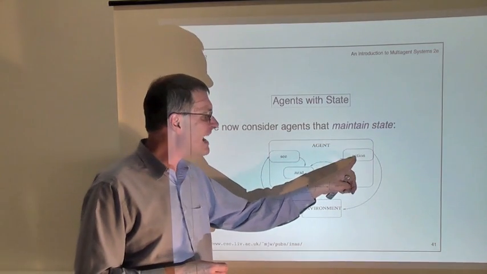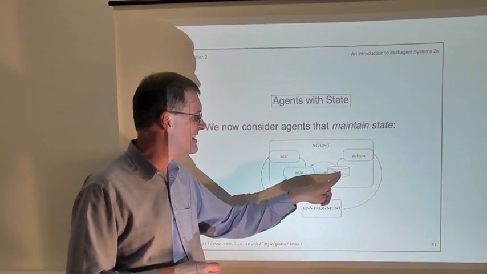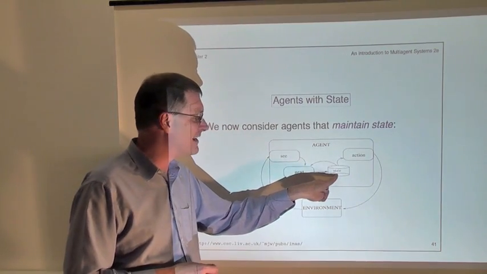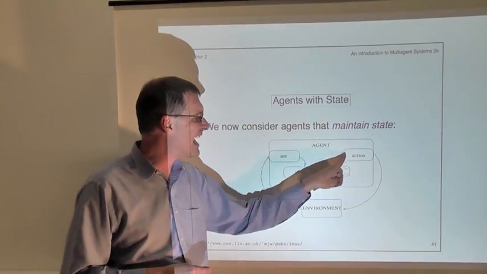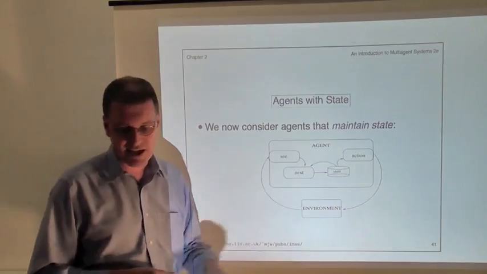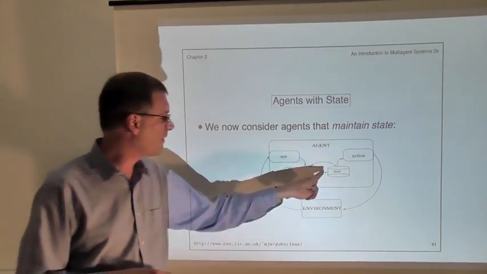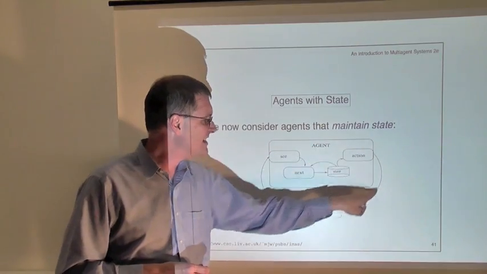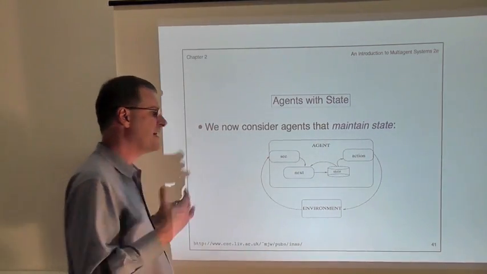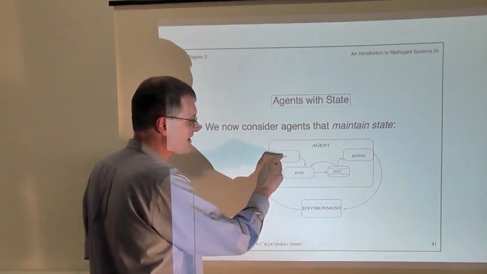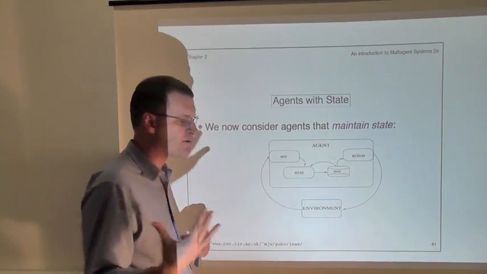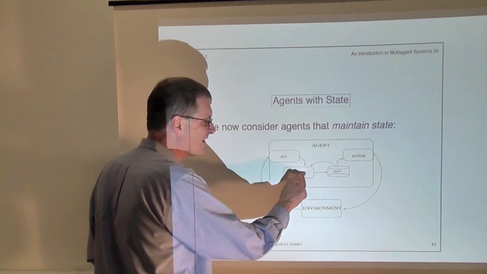And then all the action selection subsystem does is say: if my state looks like this, then this is the action that I'm going to perform. So the action selection subsystem looks at the internal state, and on the basis of that internal state, decides what action to perform. So the basic operation of our agent is to look at the environment, which generates a percept, a bit of perceptual data, and then update my internal state.